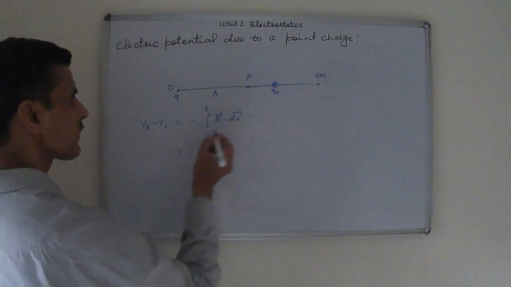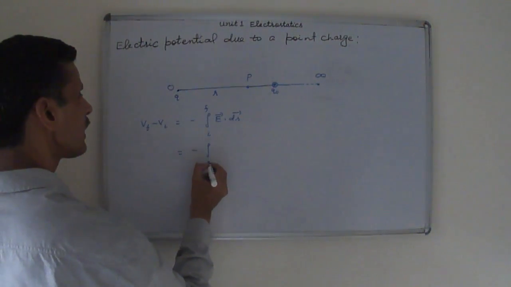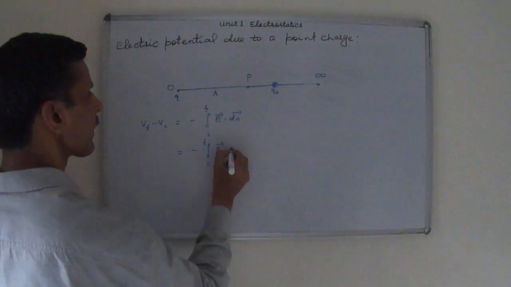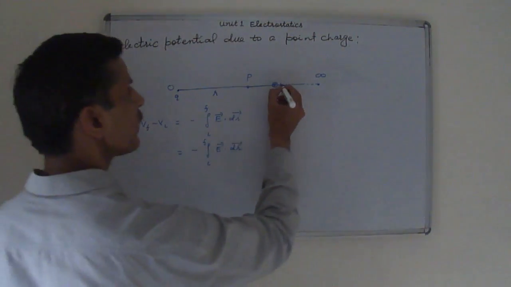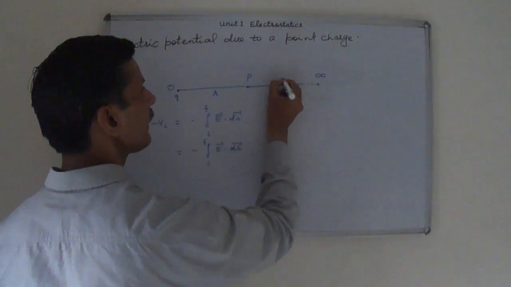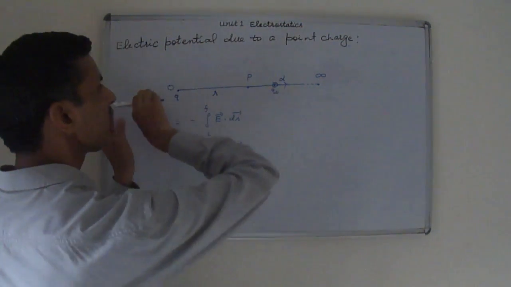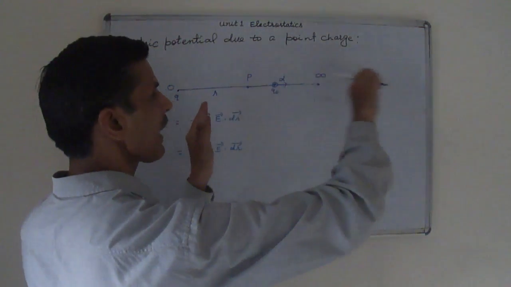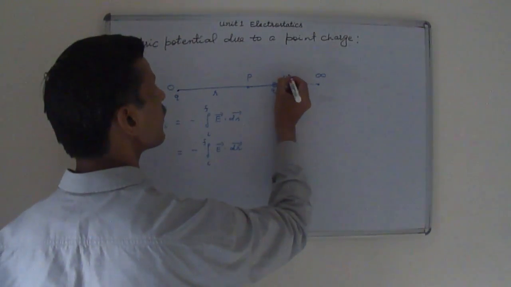So here our ds vector is dr vector, because we are taking this plus Q naught charge along this direction, and this vector is along this radial direction, radially outward.